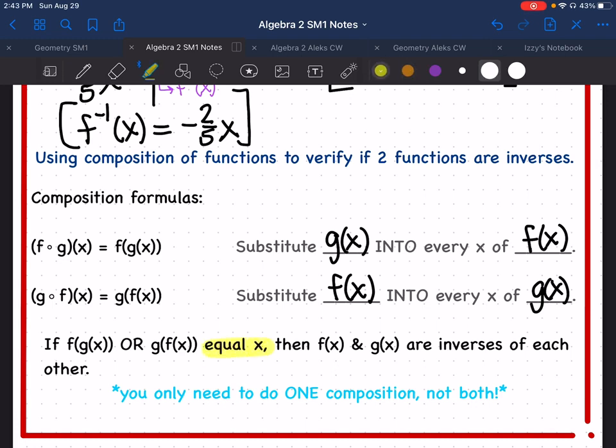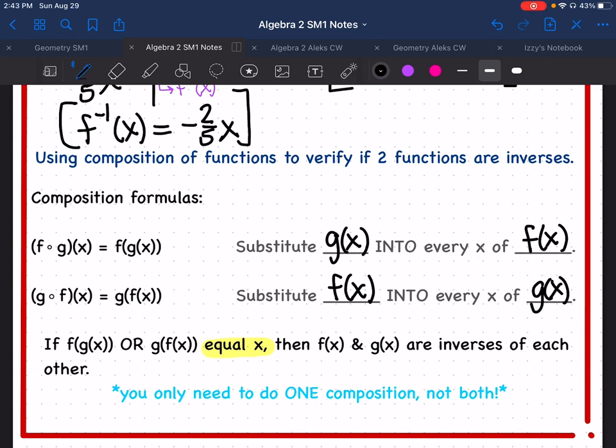It has to equal x. Then they are inverses of each other. Okay? If you get x when you do the substitution of one function into the other, they are inverses of each other. You only need to do one composition. You do not need to do both. Okay, don't think, oh gosh, this is going to be a lot of work. I have to do both.